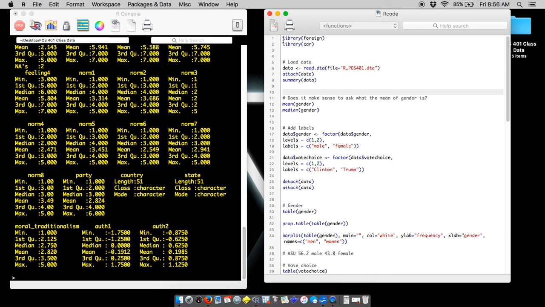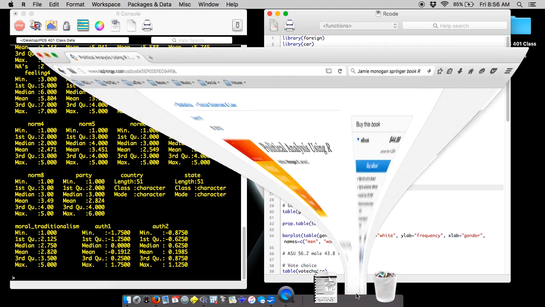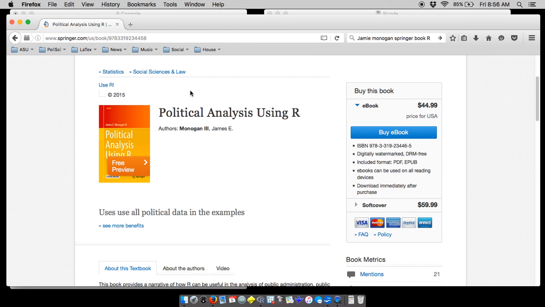What you've seen I've done here in this second text document is I just have a bunch of code that I've rewritten for this exercise. If you really did want to learn R, and it's a nice skill to know, I recommend starting with this book, Political Analysis Using R from James E. Monogan on Springer.